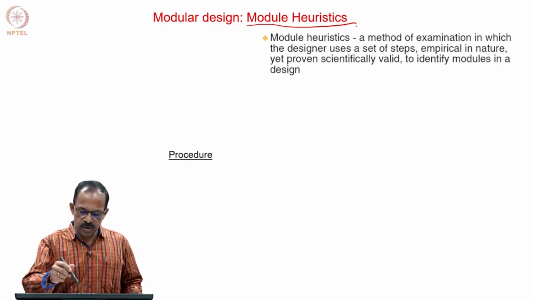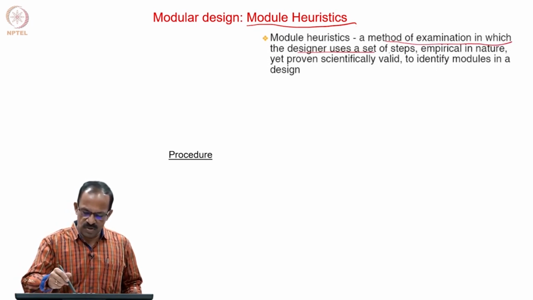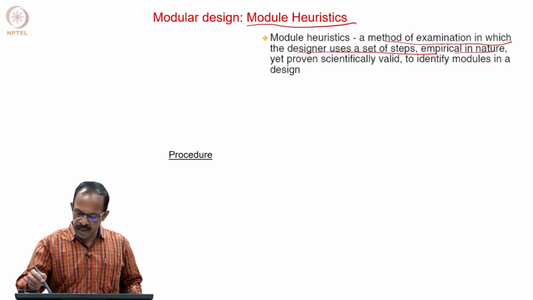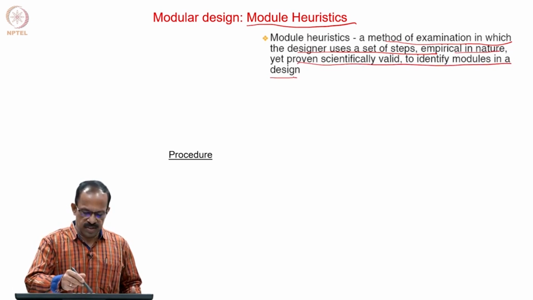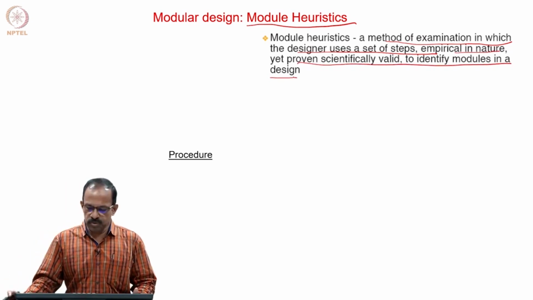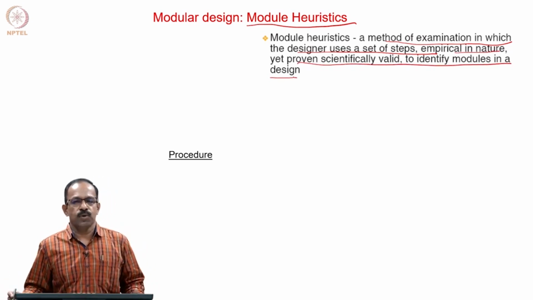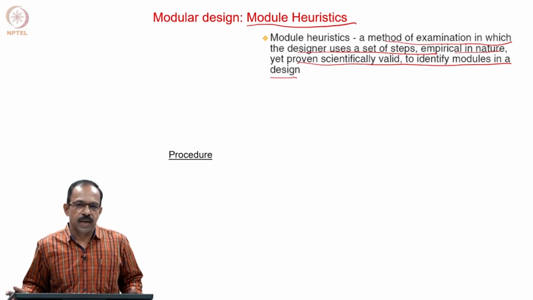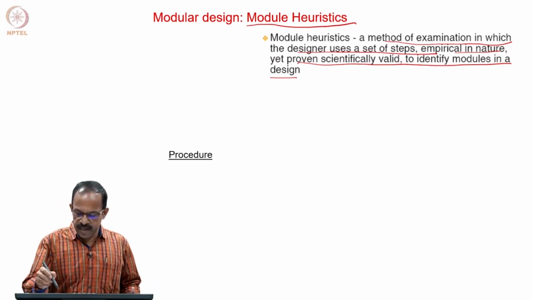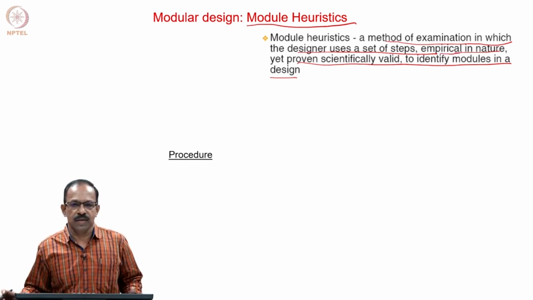So, the module heuristics is a method of examination in which the designer uses a set of steps, empirical in nature yet proven scientifically valid, to identify modules in a design. So, we use this method to identify modules in a product, but the method is more empirical in nature. So, it is not analytical in this case.